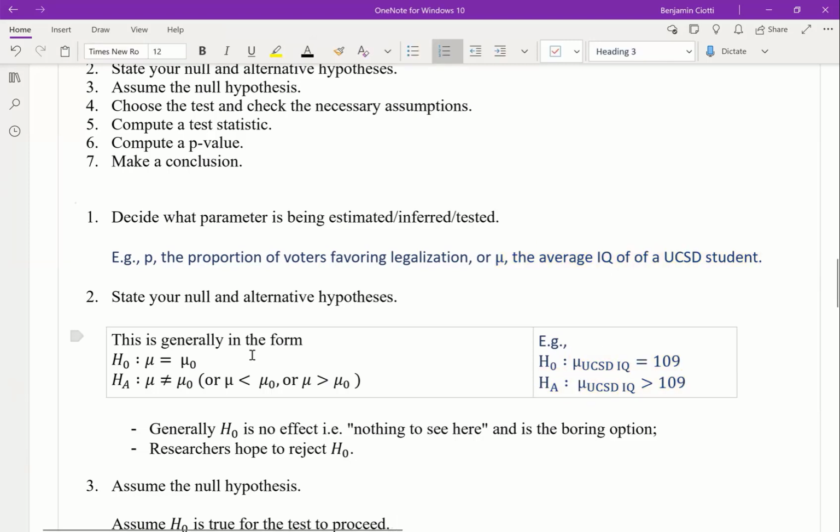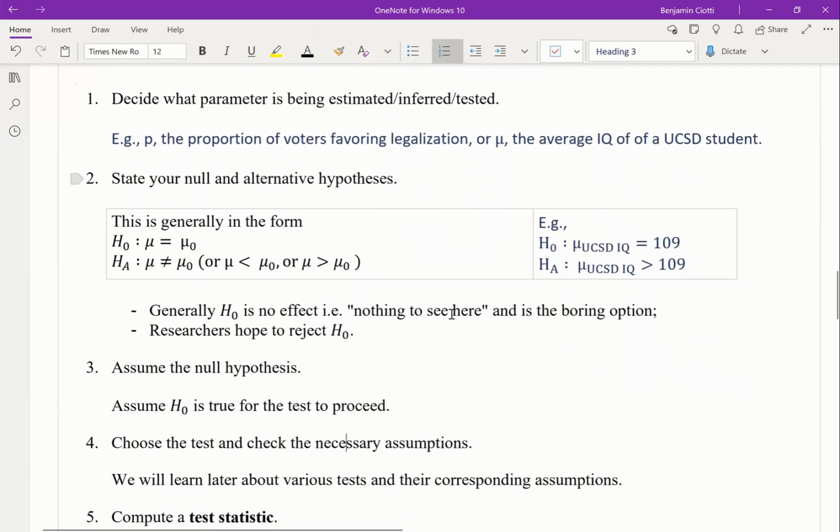Now, as a general rule, the null hypothesis is the case that there's no effect, i.e. nothing to see here, and it's the boring option. As a researcher, you usually hope to reject the null hypothesis because that entails finding a statistically significant effect.